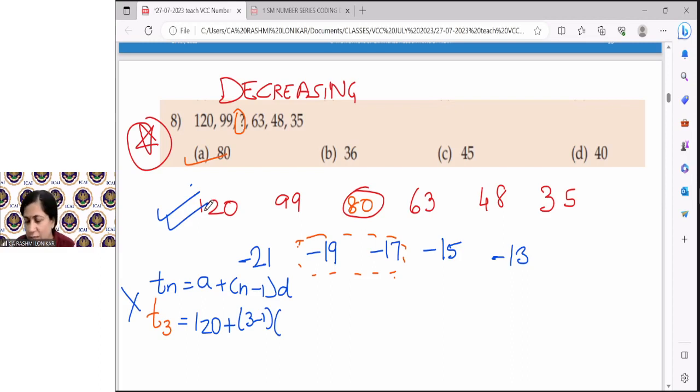So answer A is 80. That's what I wanted to show you, that I may feel that this is an AP problem with a common difference which is negative, but it is not so. It is not directly so.